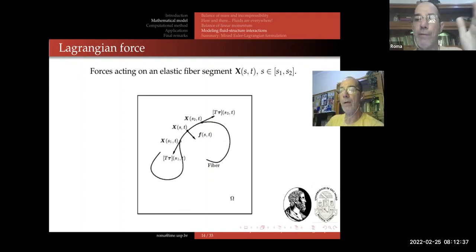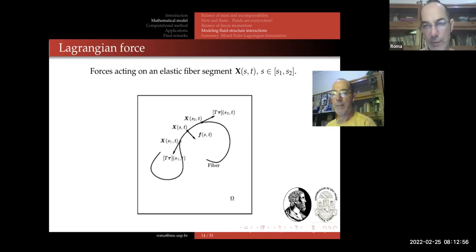I will think of two-dimensional applications. It's much simpler to explain, easier to represent in pictures and everything. So let's reduce our dimensionality and think of two-dimensional applications, or two-dimensional modeling, okay?